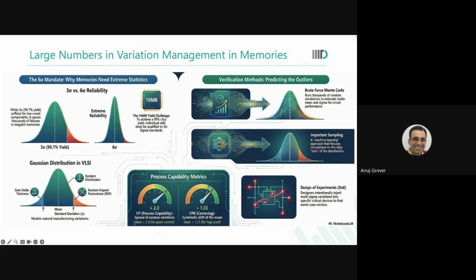But when you are verifying the memory design, it does not hold. While input parameters like VT and mobility will be Gaussian distributed, the impact on output variables like current and leakage will no longer be Gaussian because the relationship is not linear.